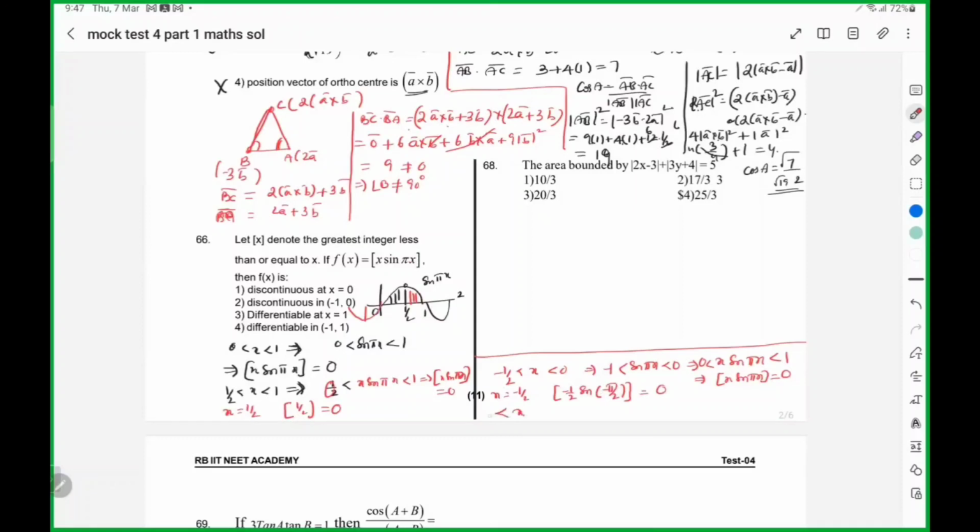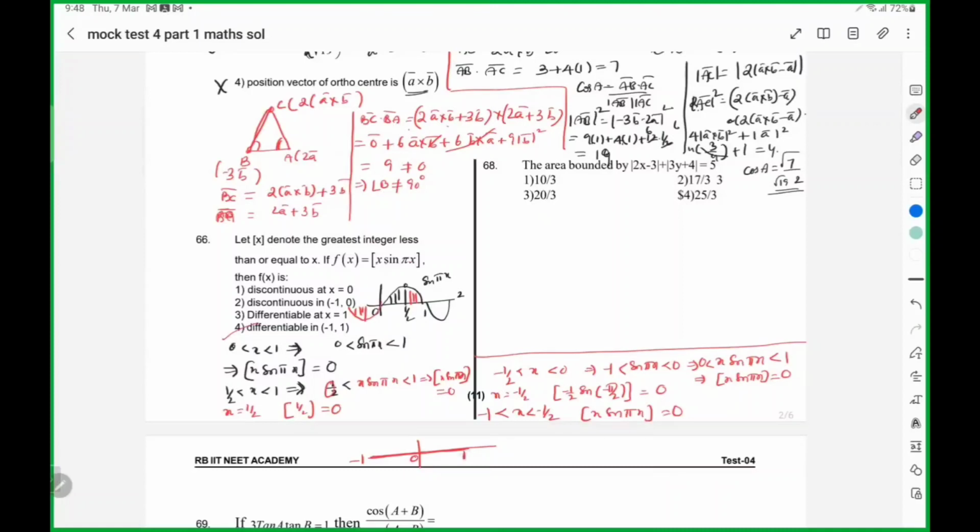When x lies between -1 and minus half, the product is again positive and the step is 0. The total graph is 0 between 0 to 1, and -1 to 0 also 0. It is in fact a constant function, continuous and differentiable in the interval -1 to 1.